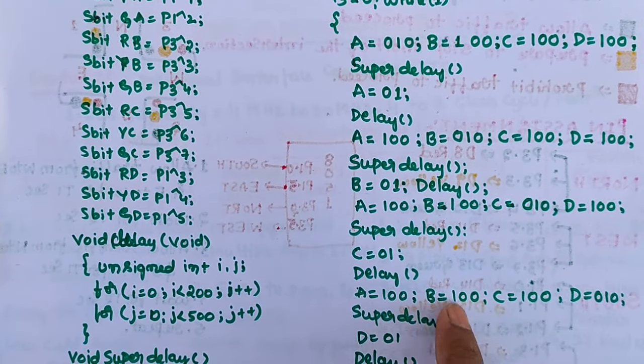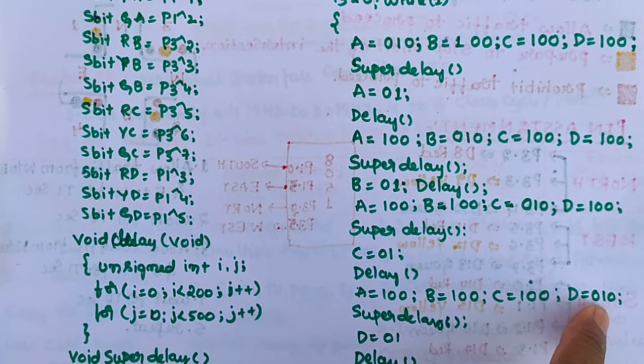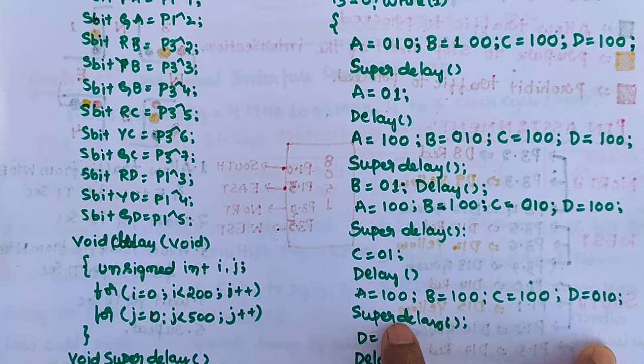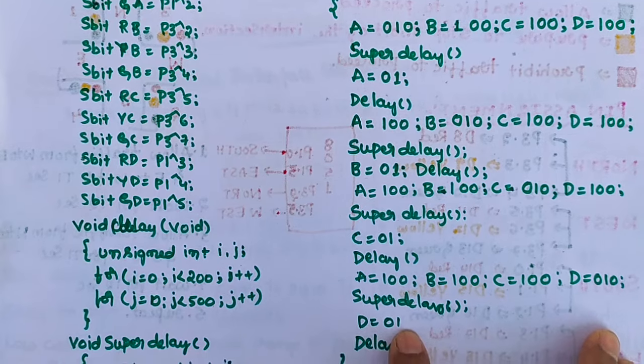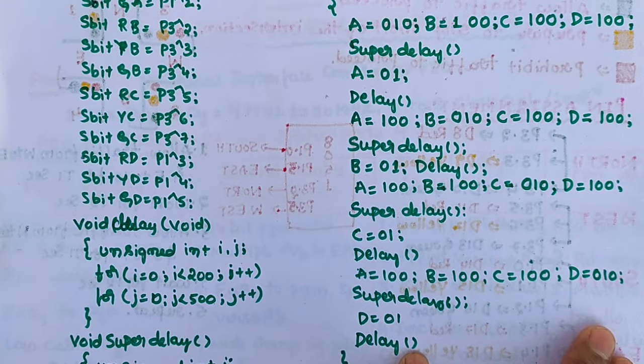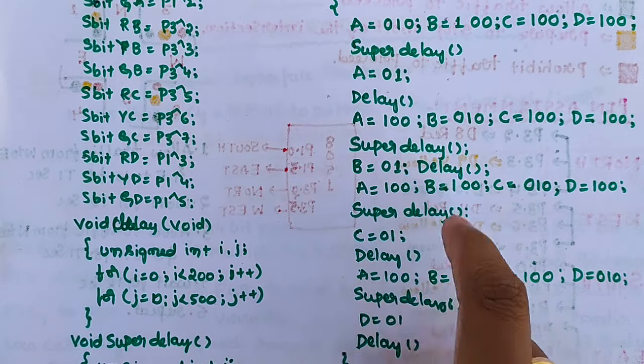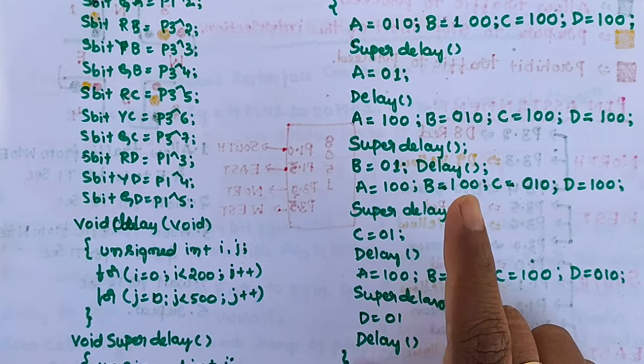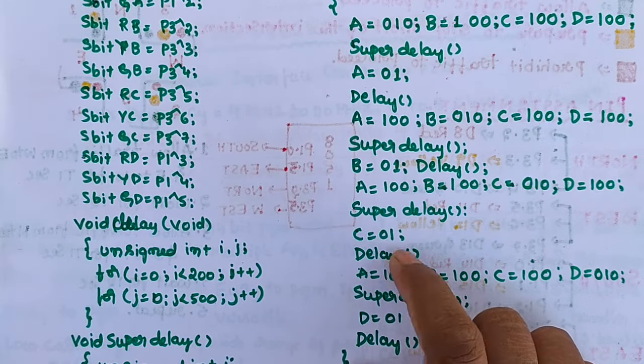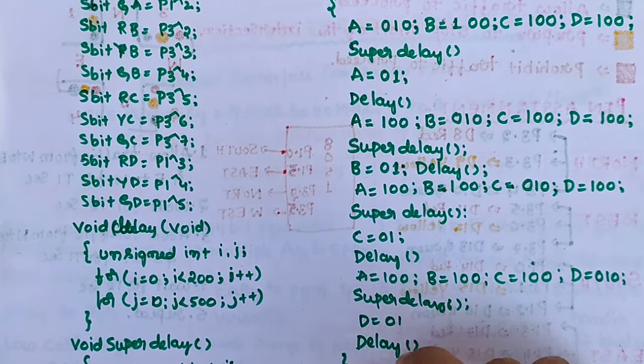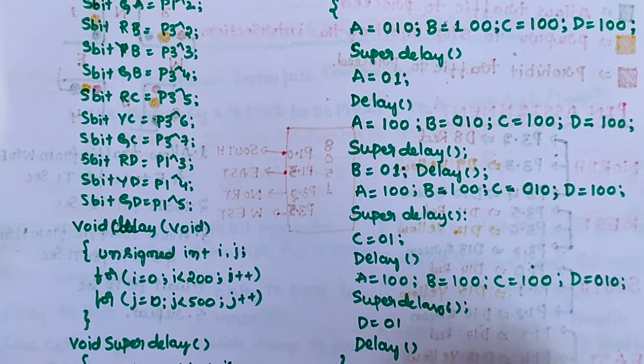Finally, the east signal is now in yellow. After the small delay it converts to green, then the long delay, and this process is repeatedly executed in the 8051 in order to maintain the traffic.